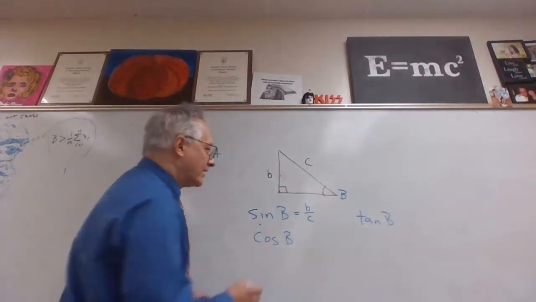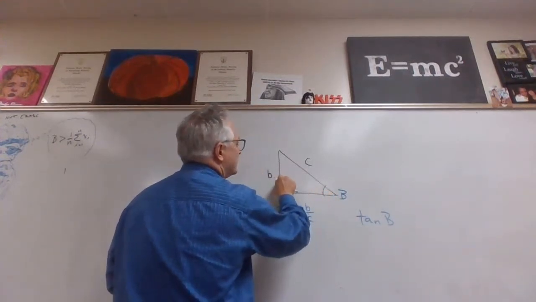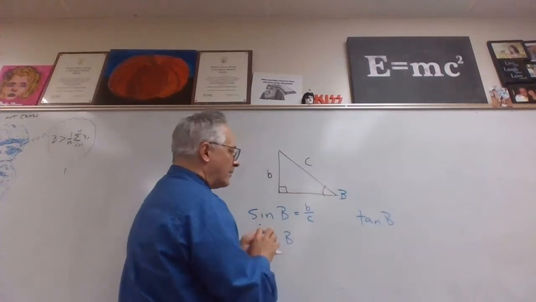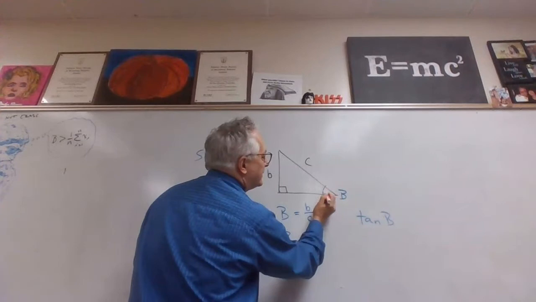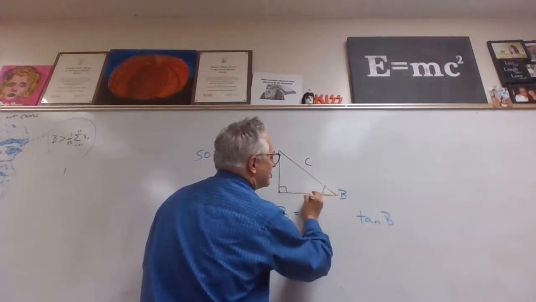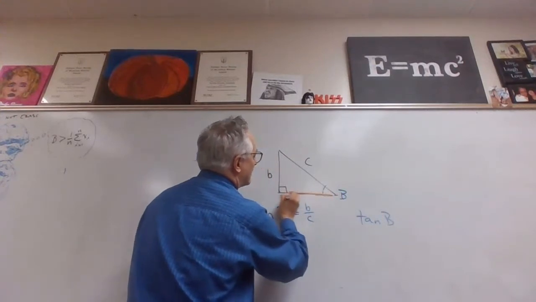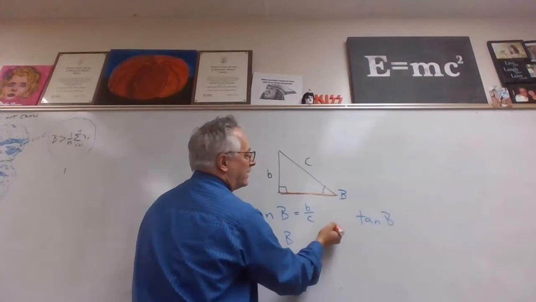The cosine of angle B, let's get rid of this line here, because we're not interested in the opposite anymore, but we're interested in the adjacent side and the hypotenuse. Now, the adjacent side of angle B contains that angle. So that's going to be the adjacent side. It's part of the angle, right?